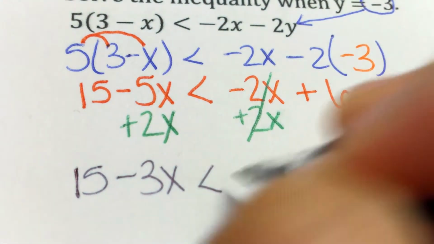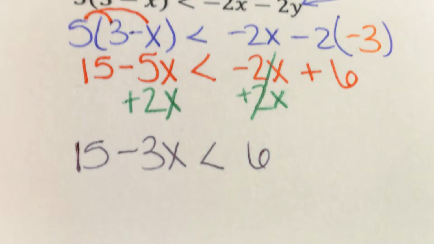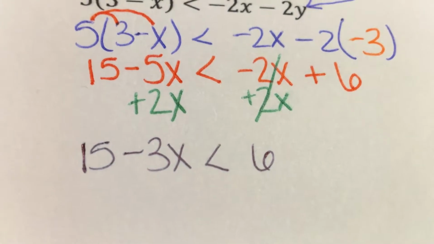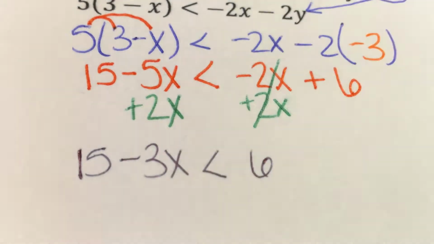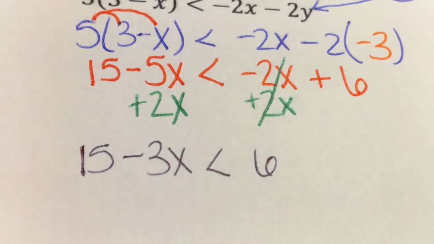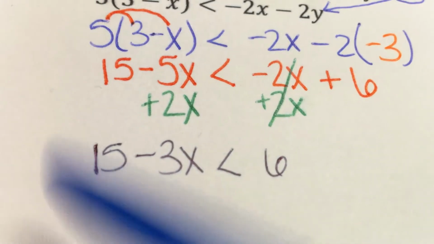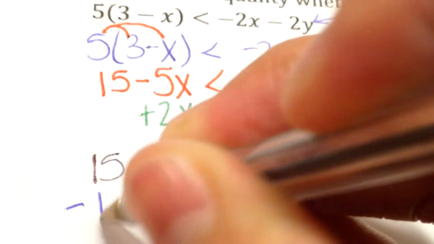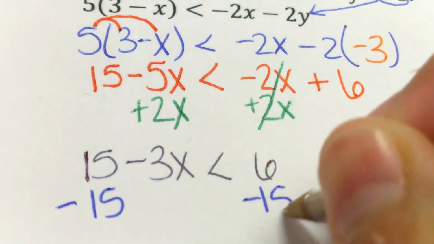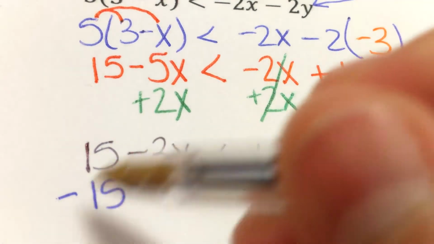less than 6. We want x by itself, so we need to move the 15 to the other side. We need to get rid of this 15 because we want x by itself. So -15 minus 15. This ends up canceling.